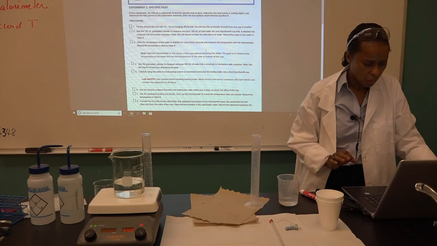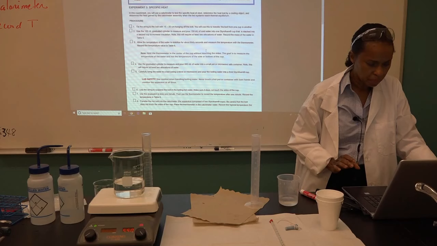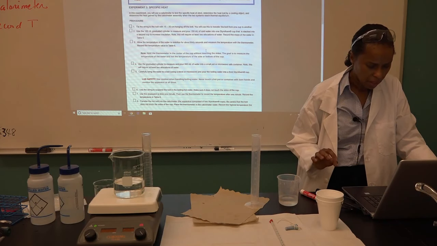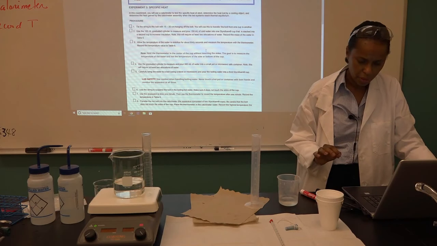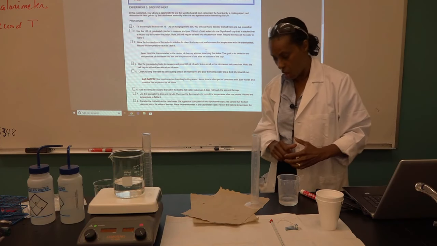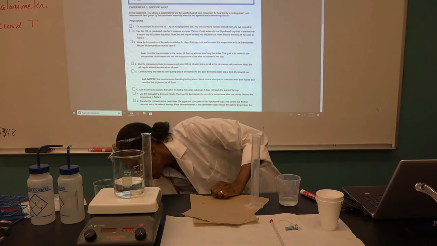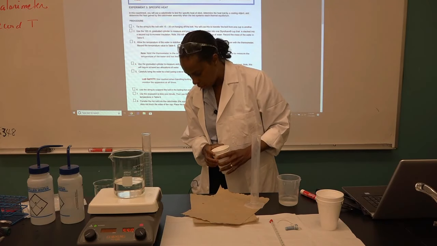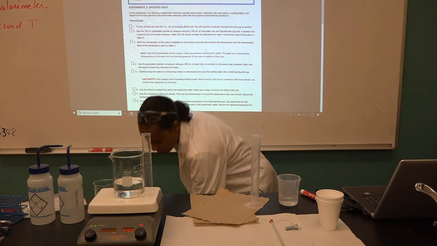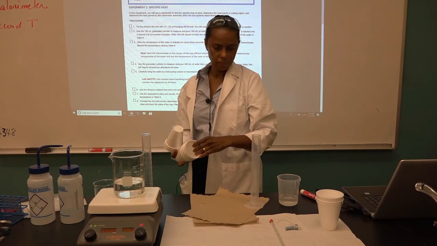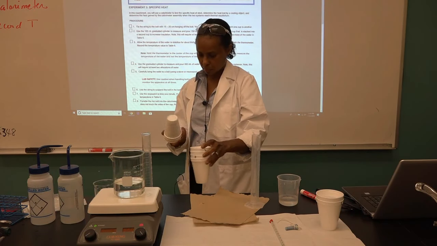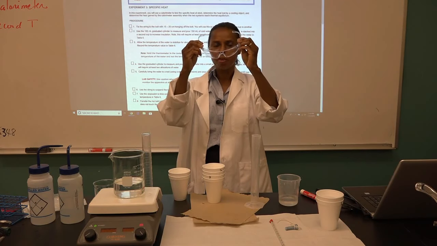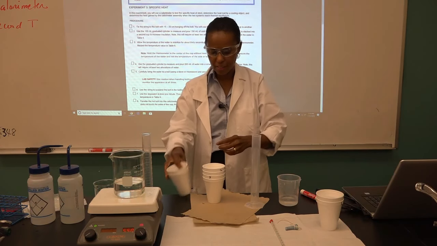We are going to make sure that we bring the water to a boil, and then we're going to pour that boiling water into a third styrofoam cup. So I'm going to get a styrofoam cup. And I should not have my goggles on my forehead, right? They should be on my eyes.